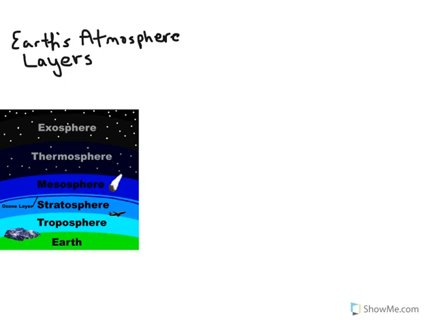Earth's atmosphere is divided up into layers based upon how the temperature varies in each layer. And there are two factors that are going to affect the temperature. One is density.